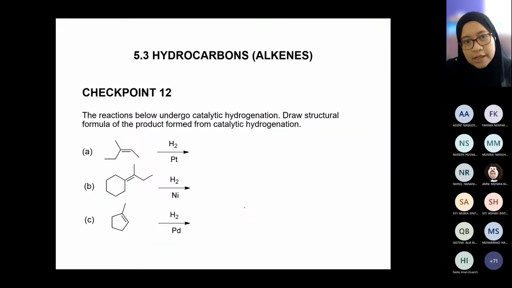Okay, moving on. Let's try this checkpoint. The reaction below undergoes catalytic hydrogenation. Draw the structural formula of the product formed from catalytic hydrogenation. These are the alkenes, and you can see that hydrogen is placed on top of the arrow.